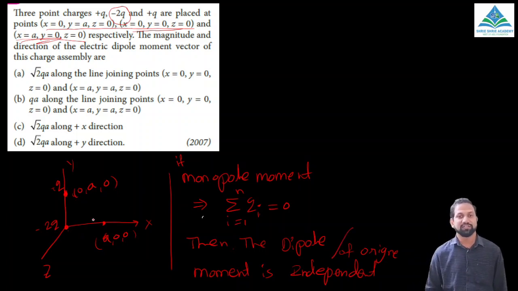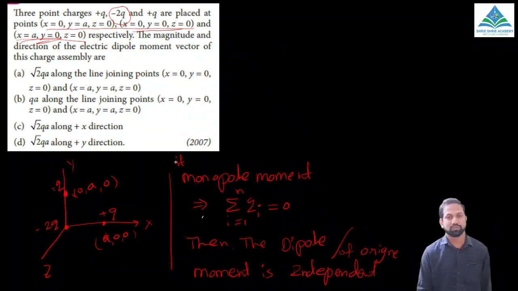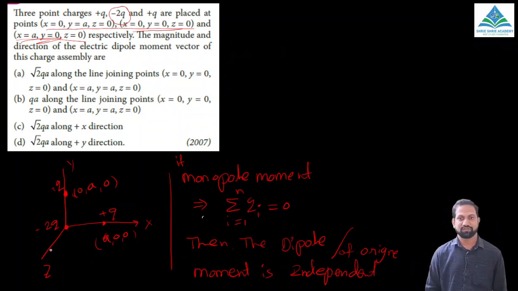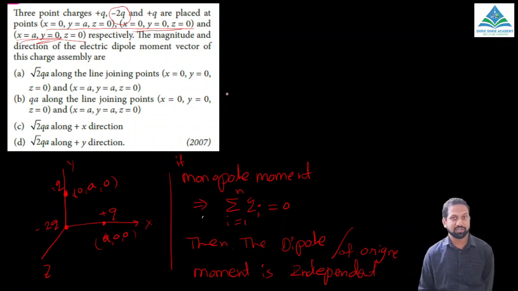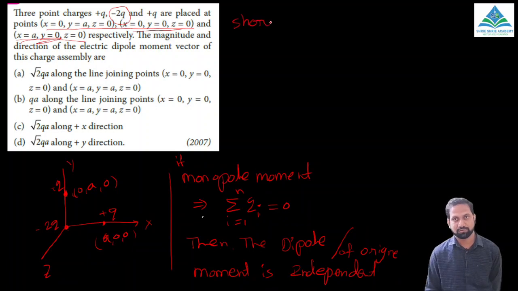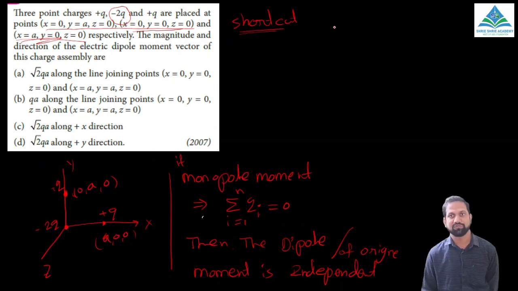So it is very clear, plus q and minus 2q and plus q, the monopole moment is 0. So the dipole moment is independent of the origin, and for these problems the actual process is very lengthy. I am giving a shortcut here itself. It's very simple.